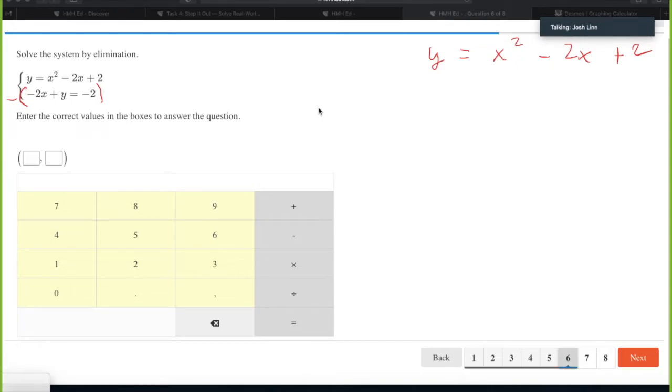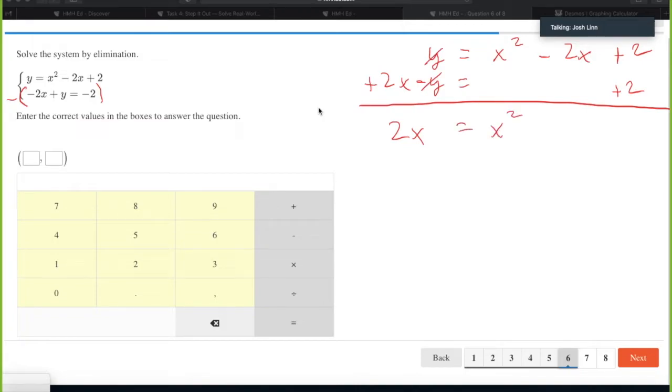So we've got a plus 2x, we've got a minus y, and that's going to be equal to plus 2. So I spaced it out a little bit weird, and I did that intentionally so that my like terms lined up. So I can then just very quickly go through, and I've got 2x, these guys cancel out, equals x squared minus 2x plus 2.